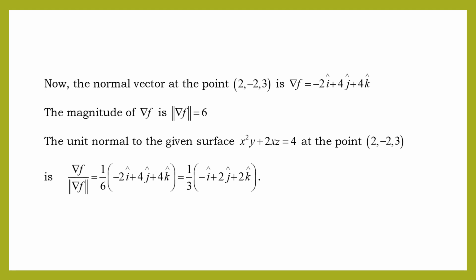Otherwise, even if we find the value, norm of n cap equals square root of (−1/3)² + (2/3)² + (2/3)², which in turn becomes square root of 1/9 + 4/9 + 4/9. This again becomes 1.